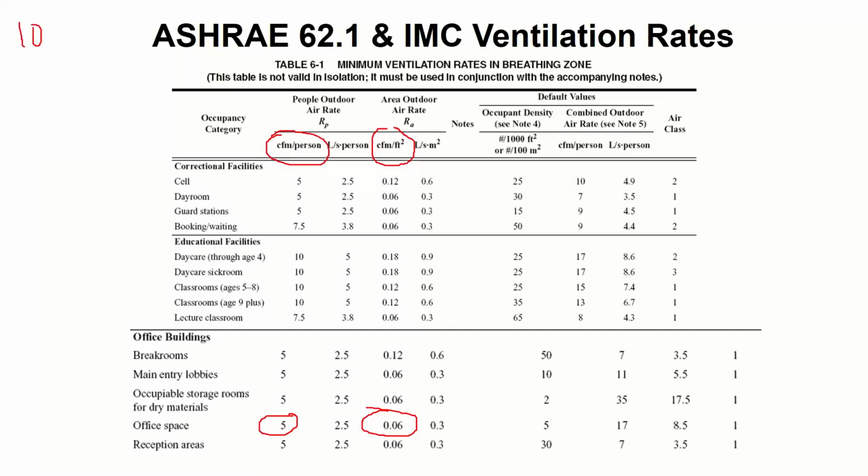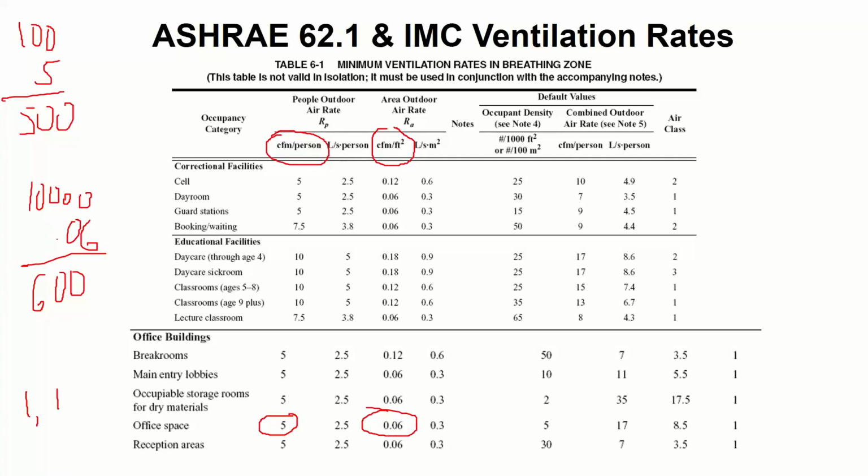If I have 100 people, obviously I need 5 CFM per person, so I need 500 CFM of outside air. But let's say it's also 10,000 square feet, and I need 0.06 CFM. That is 600 CFM that I need. I add those two numbers together, 500 plus 600. I need 1,100 CFM for this fake space that I just made up, this office building.